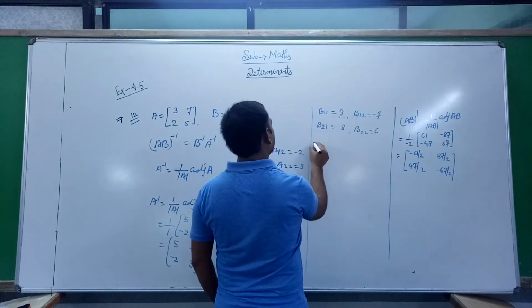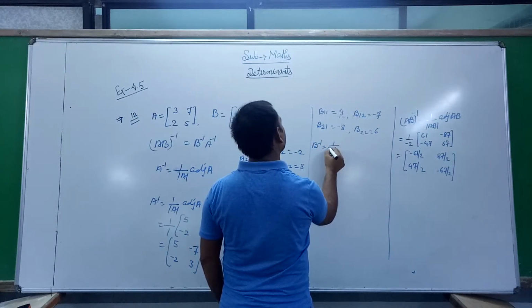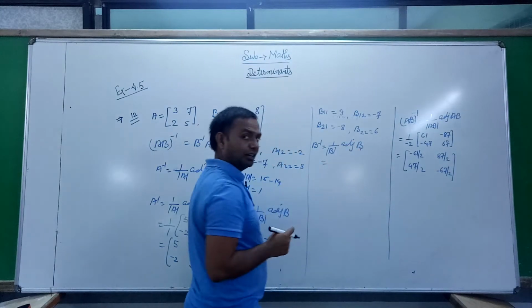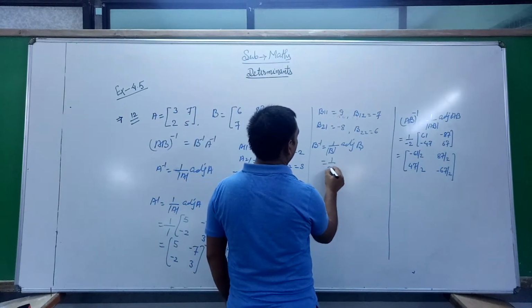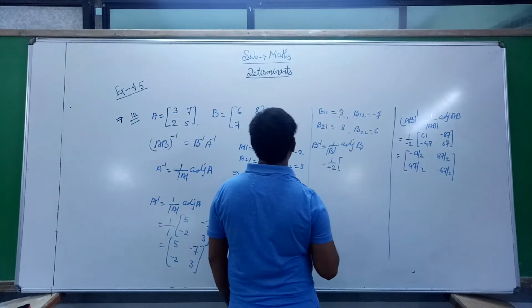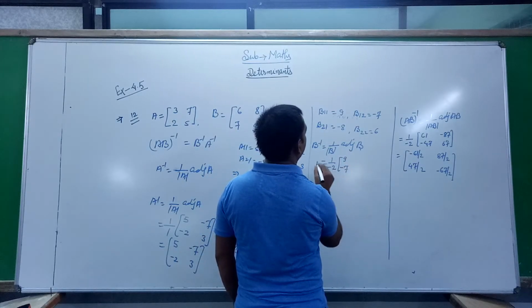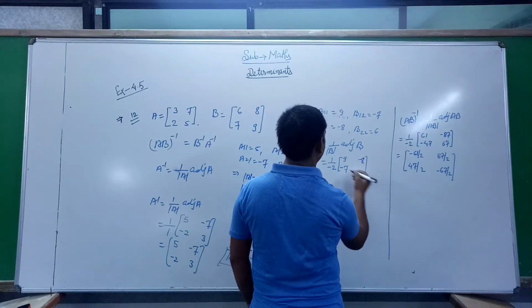So B inverse is equal to 1 upon mod B and adjoint of B. I think all of you understand that 1 upon mod B is equal to 1 upon -2, and this is 9 minus 7, and then -8 and 6.